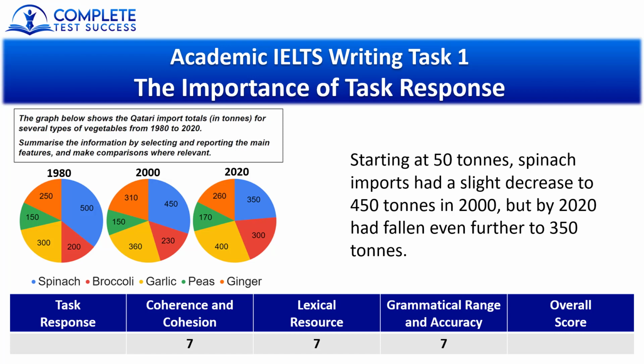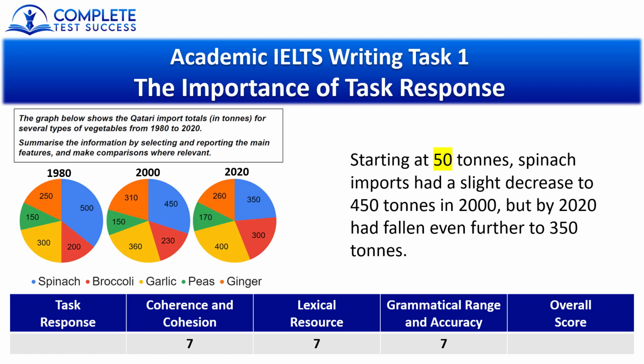So again, if we had 7 for coherence and cohesion, vocab, and grammar, with this response, we would be able to get a band 7 in task achievement, and once more, a band 7 overall for task 1. But let's look at what happens when we start making small mistakes. So you can see here, it says starting at 50 tonnes, but the data in the chart is 500 tonnes.